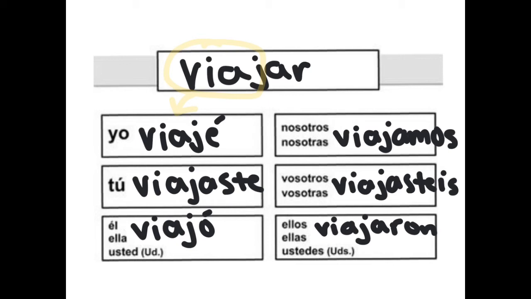So as I showed before, it's yo viajé, and that's the ending for the yo form in the past tense. Tú viajaste, él, ella, usted viajó, nosotros, nosotras viajamos, vosotros, vosotras viajasteis, ellos, ellas, ustedes viajaron.